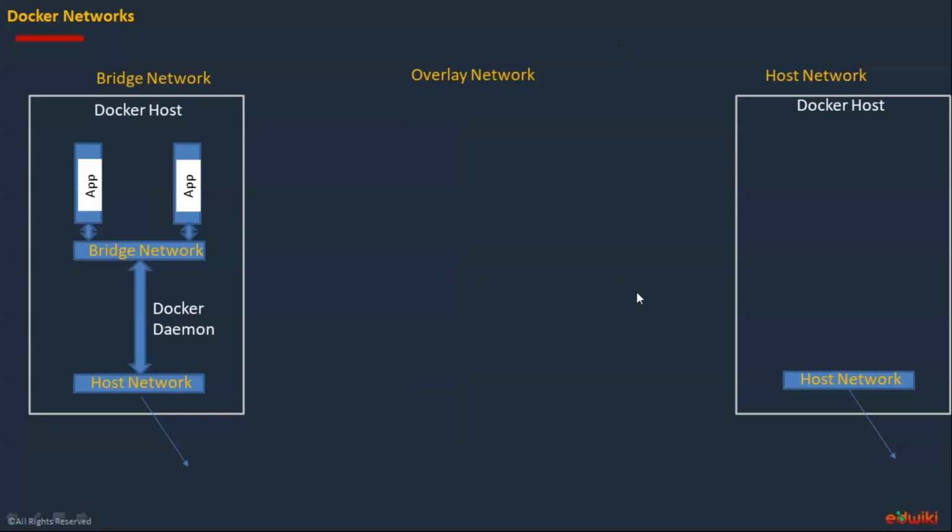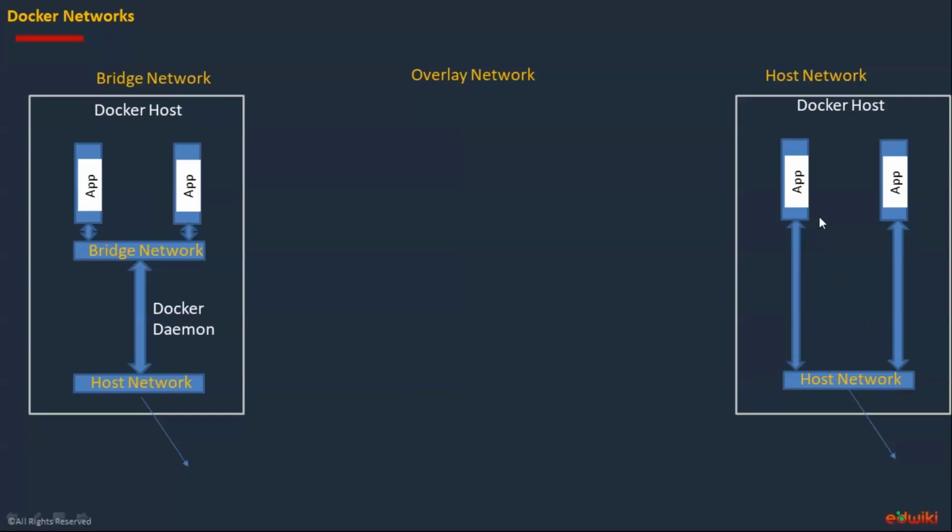Right. Now that's how the bridge network works. Now, if you go to the host network concept, the way it works is your container is directly mapped to the host network. You see the difference? Your container is directly mapping to the host network.